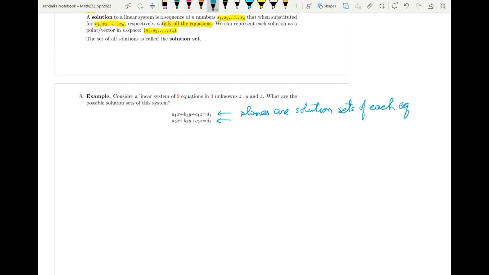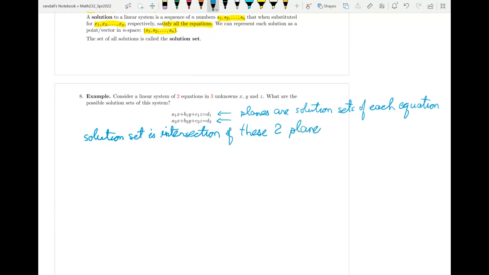When we're asking for the solution set of the system, we're asking for points in the solution set of each equation that are also solutions of the other equation. In other words, the points that lie on both planes. So the solution set is the intersection of these planes. I'll try to make a sketch here of these 2 planes.